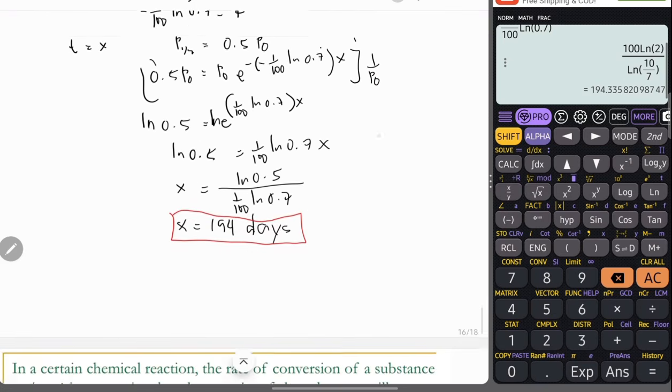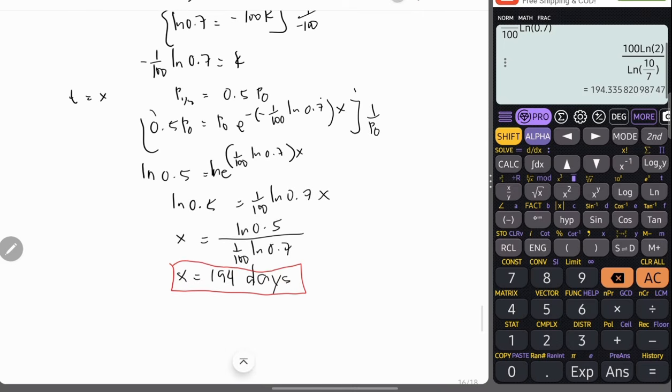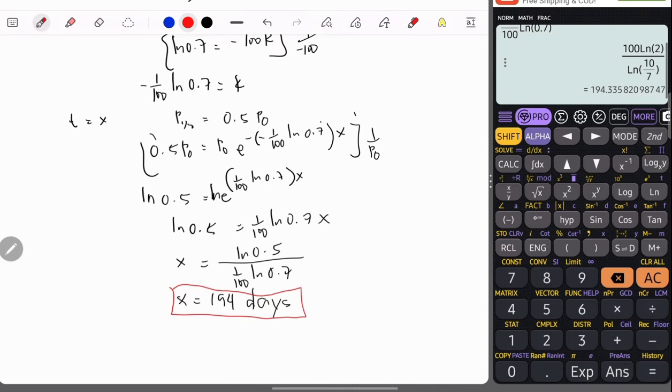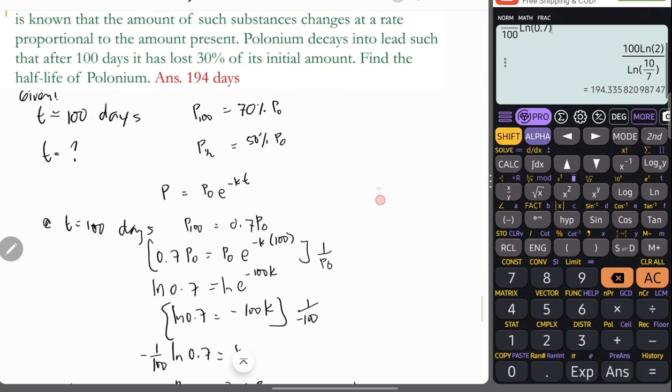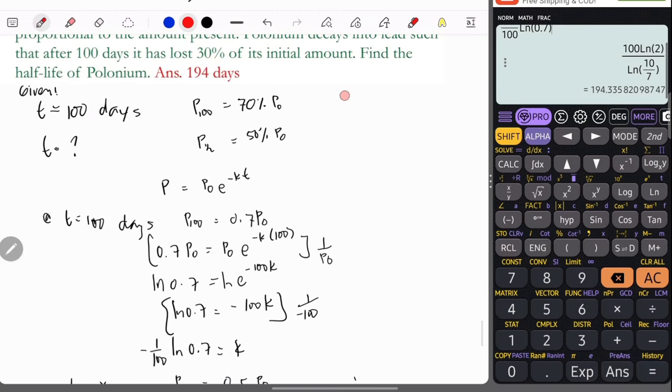Then, using our calculator, same process, input the values. At t equal to 0, what is the initial amount? No initial amount, so we will assume any amount. So, here I will assume 100.